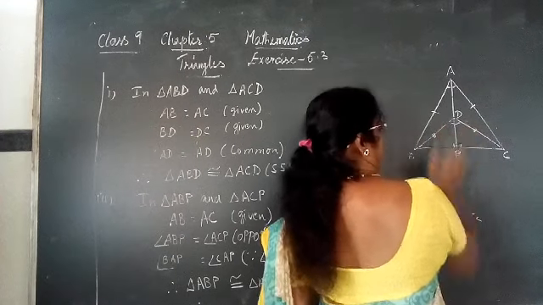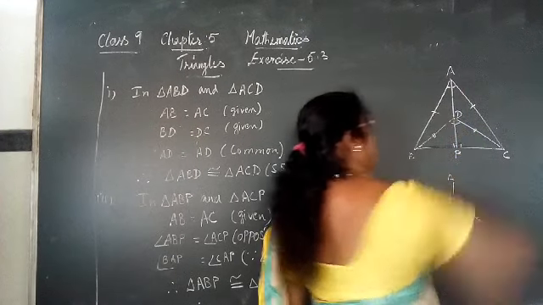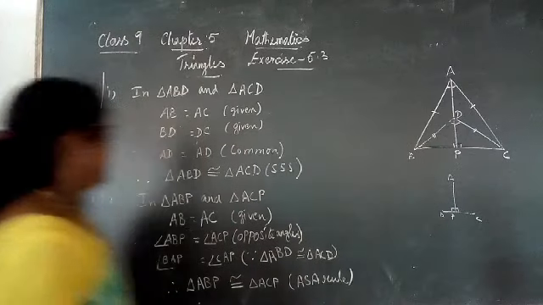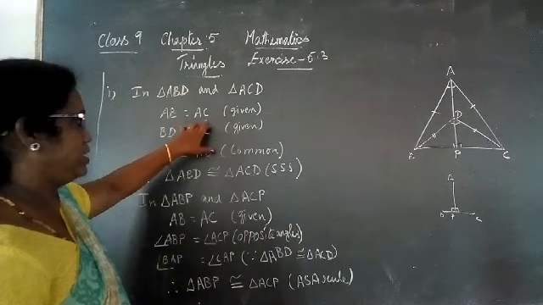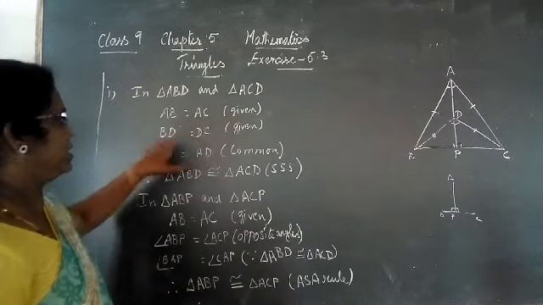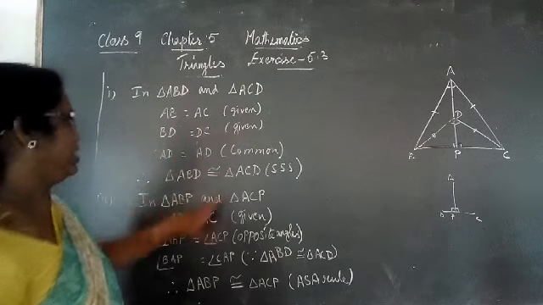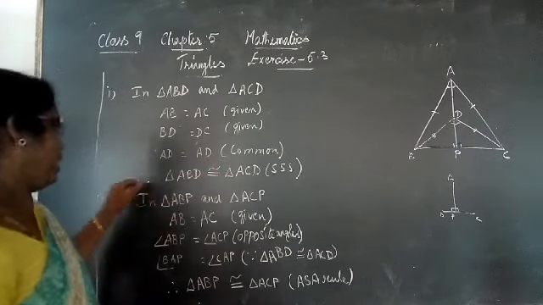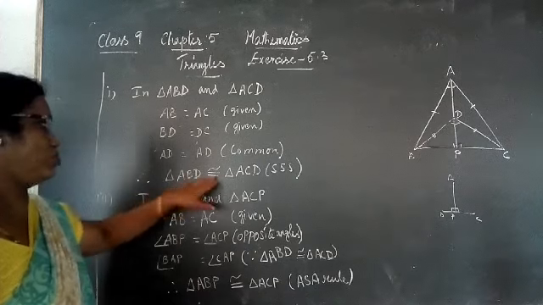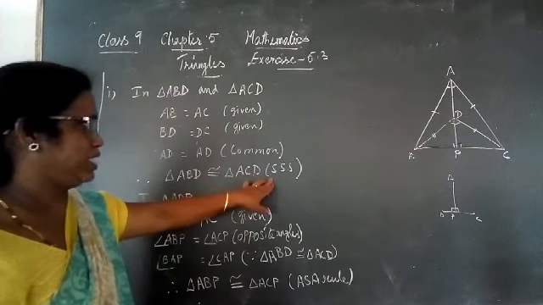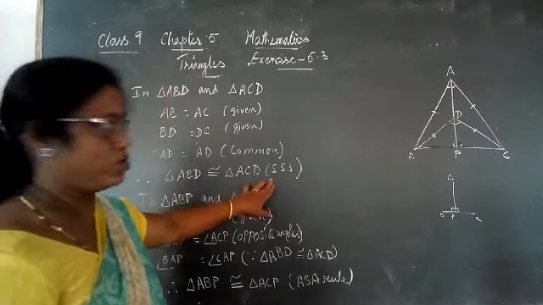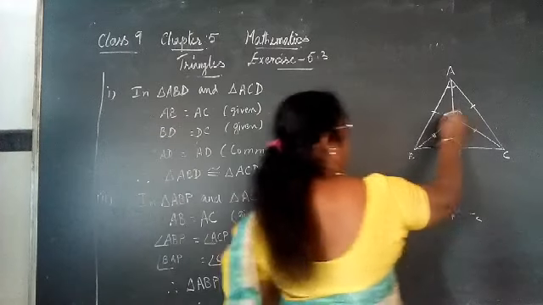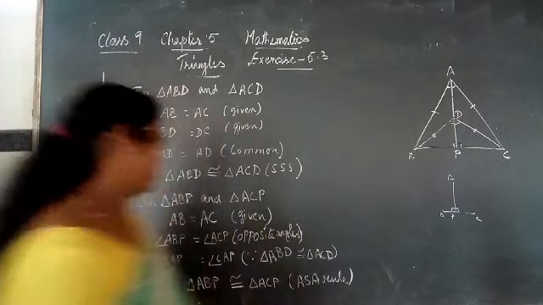Hence, AB is equal to AC, it is given, BD is equal to DC, it is given, and AD is equal to AD, it is the common side. Hence, triangle ABD is congruent to triangle ACD according to the SSS congruence rule.